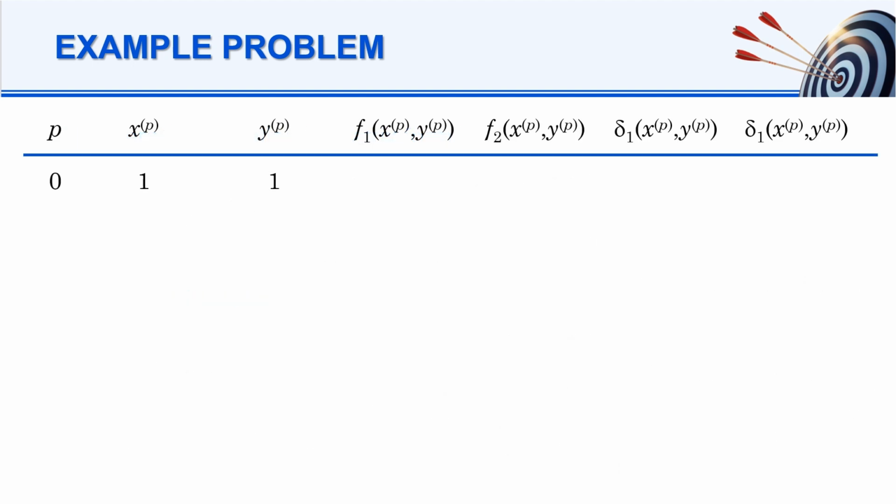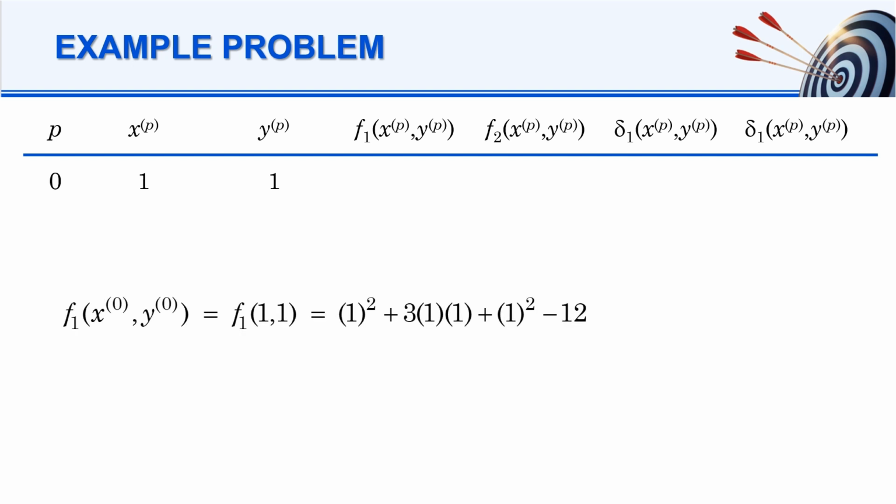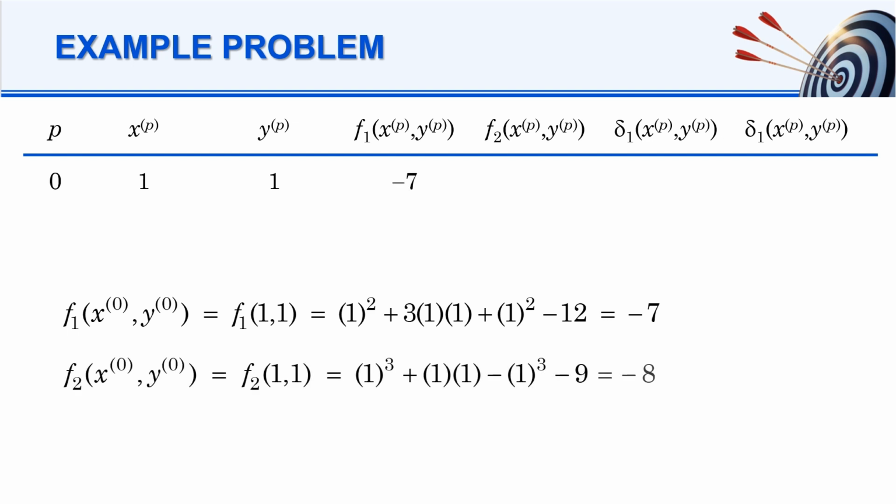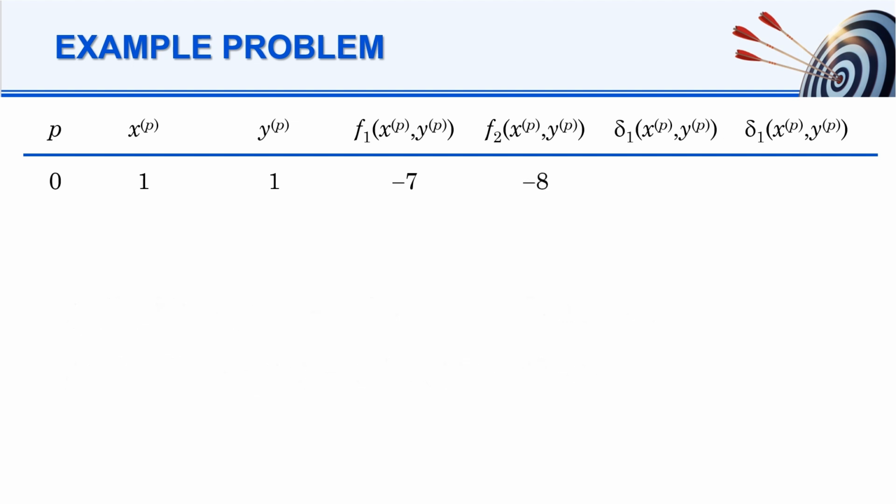Starting with the initial guess, we calculate f1 and f2 as follows. Now, we evaluate the Jacobian for x0 equals 1 and y0 equals 1.